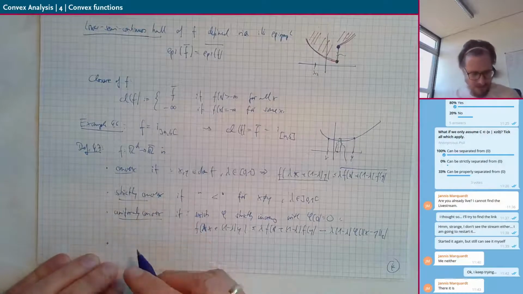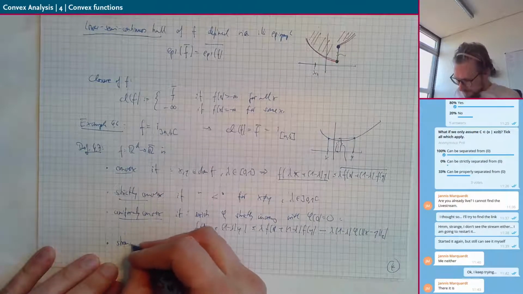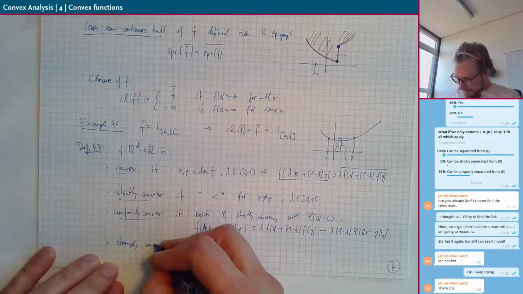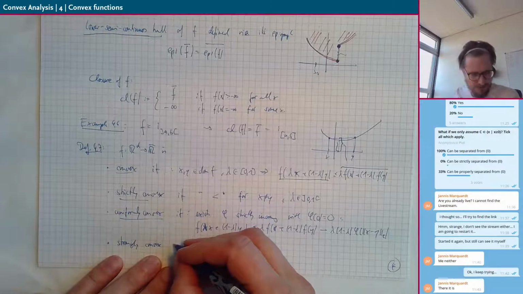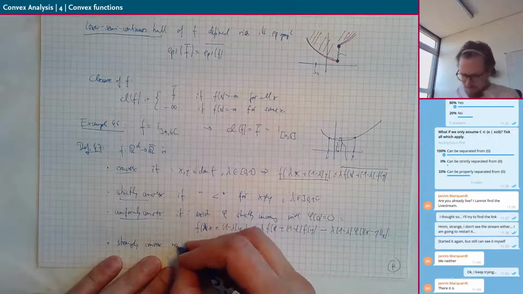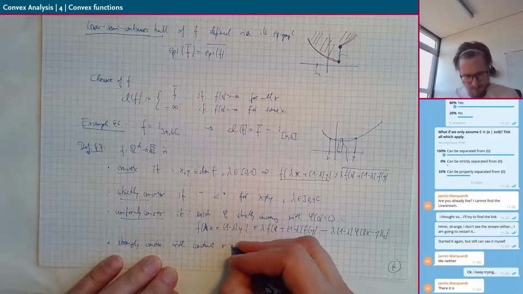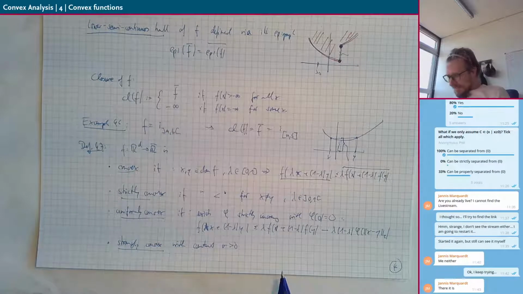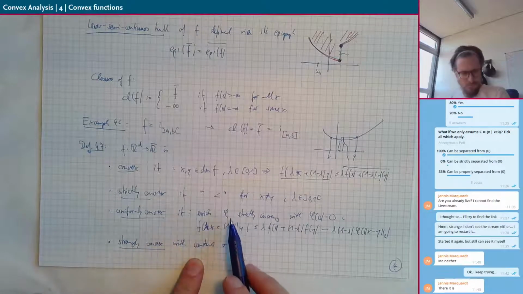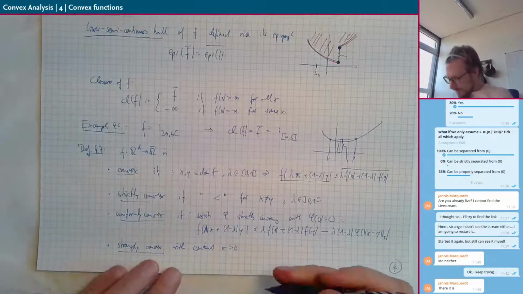And there's the notion of strongly convex, which is not really more, but it's more concrete. Strongly convex with constant sigma non-negative. This is strongly convex if it's uniformly convex for the function sigma squared over 2. I write it down here.